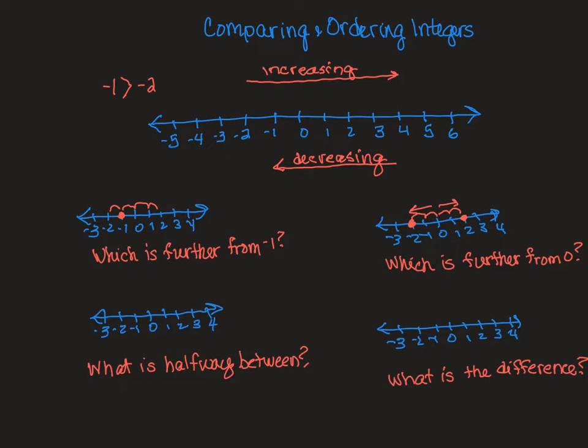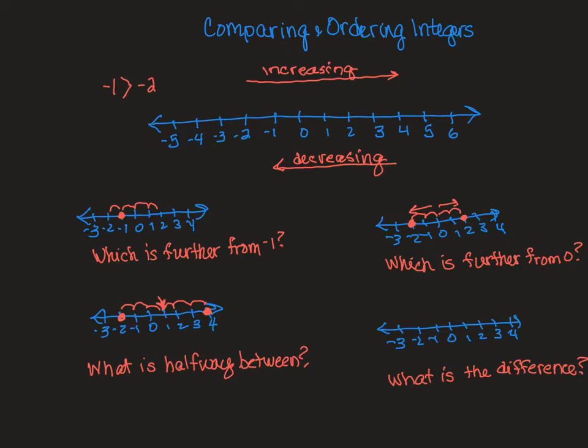Some of the other problems ask, what is halfway between? Let's look at 4 and -2. Halfway between means I'm going to go the same amount from each. So let's go 1, 2, still not there, 3, here it is. That's halfway between.